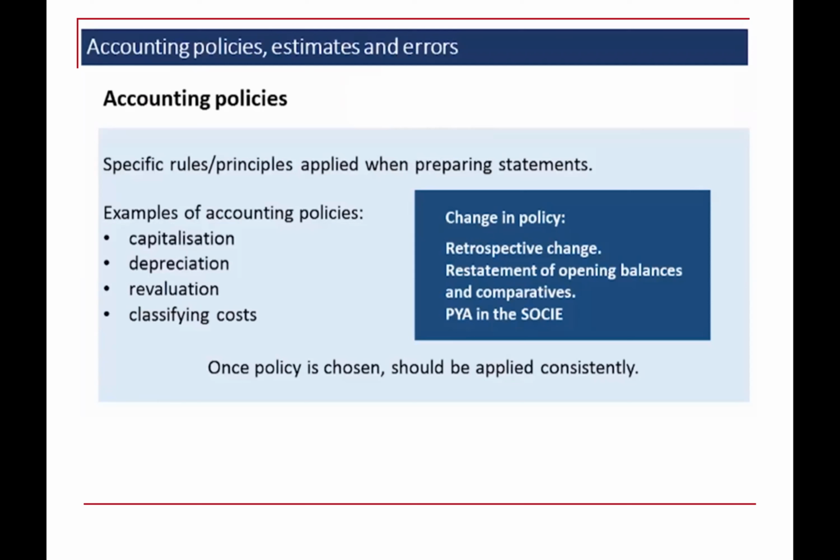Now, if in the current year you've decided that you want to depreciate assets, but in the previous year you had not depreciated assets, let's say you did not buy any new assets in the current year, you did not sell any assets in the current year, your asset value was 100,000 in the previous year, then this year you decided to depreciate assets and your depreciation charge is 10,000.